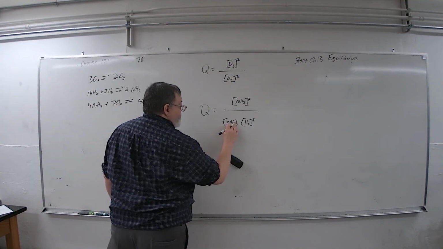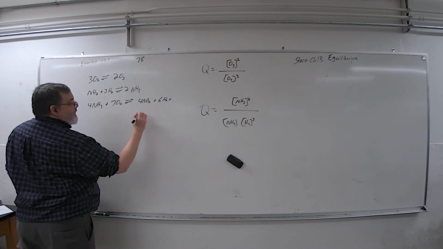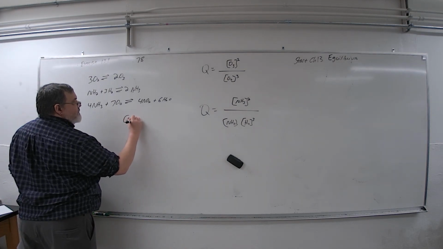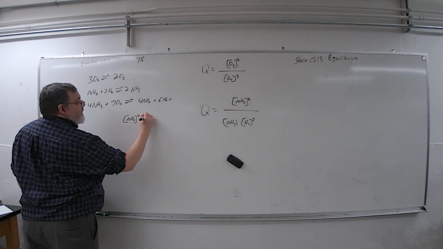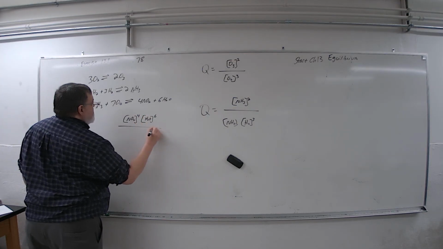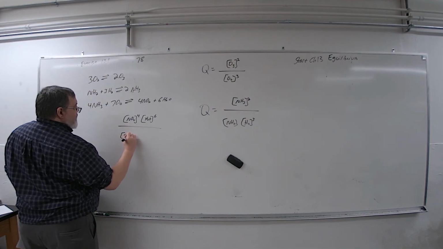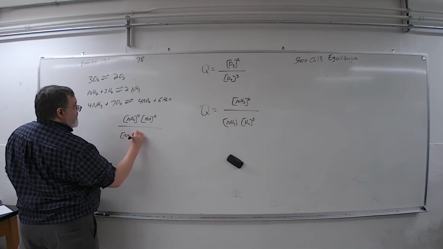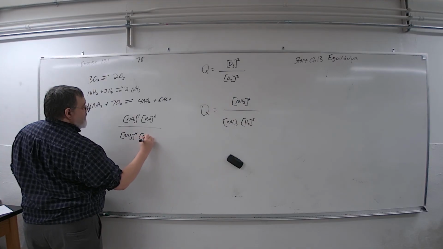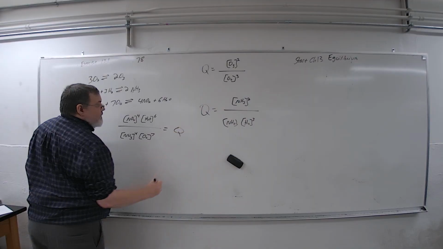See what I'm doing? And then for the last one, Q equals the products, concentration of NO2 to the fourth power, concentration of H2O to the sixth power, over the reactants, NH3.